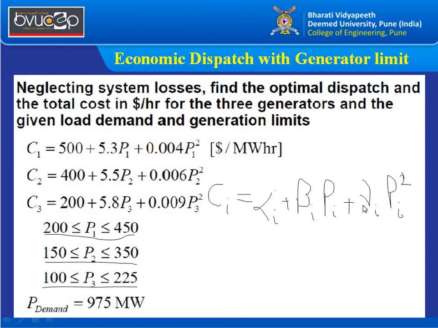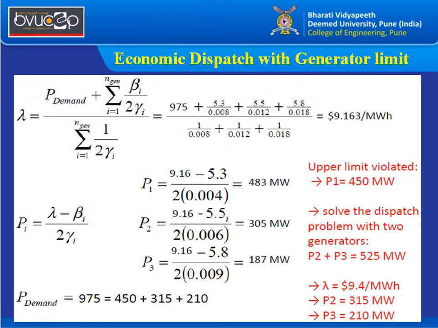Now let us see how to approach this particular numerical. The first thing is calculation of the lambda parameter, that is the Lagrange's multiplier, which is P demand, that is the demand which is required by the load, plus summation of number of generators beta i divided by 2 times gamma i.